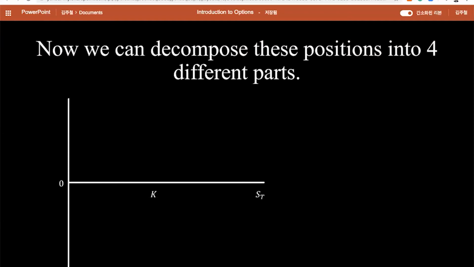So now I'm gonna show you what I mean by graph. We may think of the transaction of the long position and the short position as four different parts. This part is a right to buy, and this part is a right to sell.